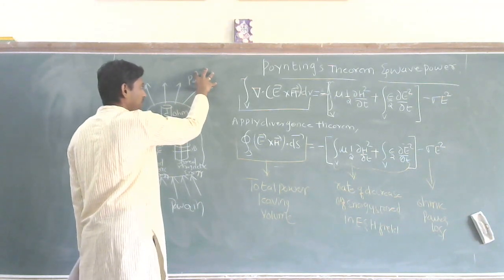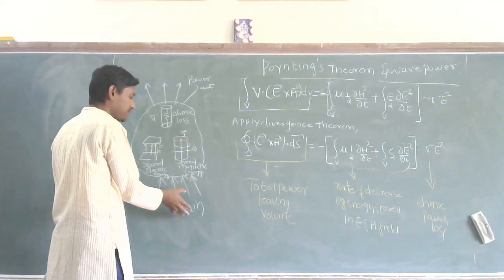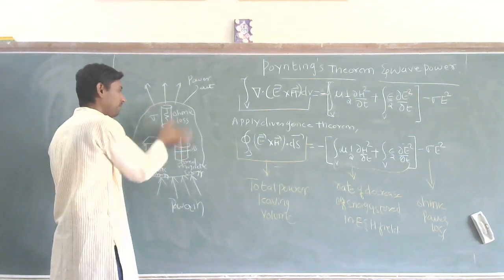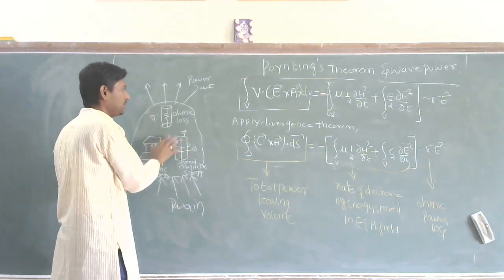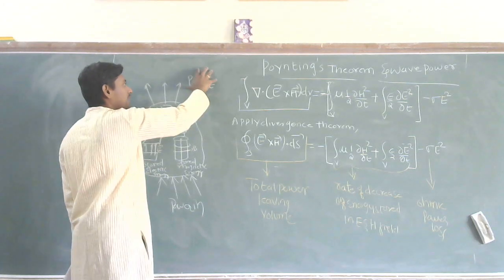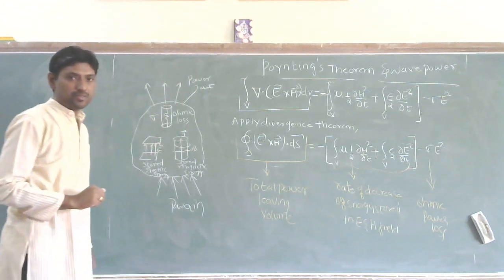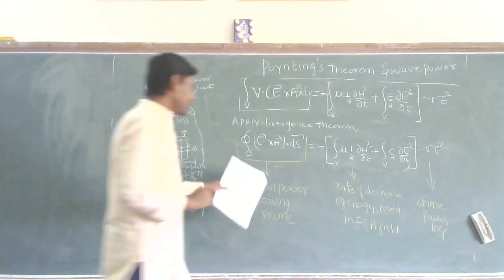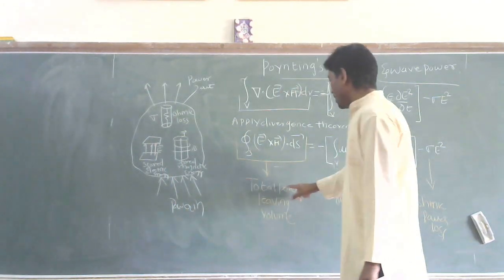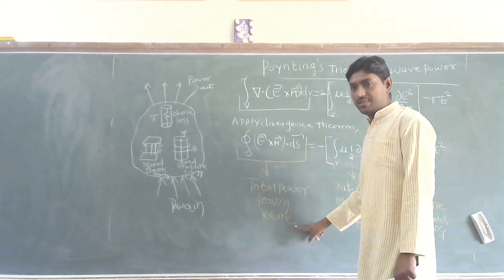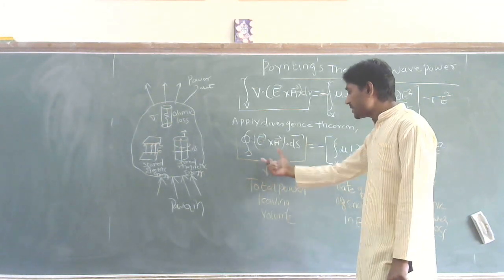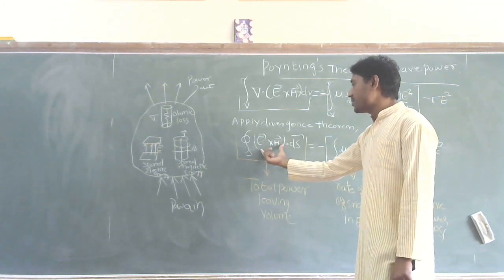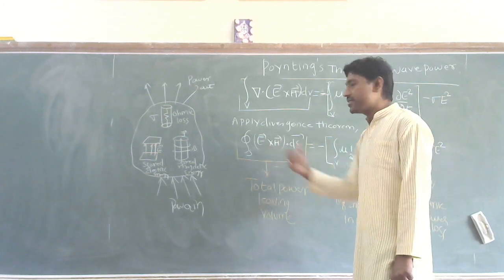The power flowing out will be the power flowing in minus all these things. Whatever remains is available as power flowing outside the volume. And that is given as the total power leaving a volume, by E cross H dot ds surface integral.